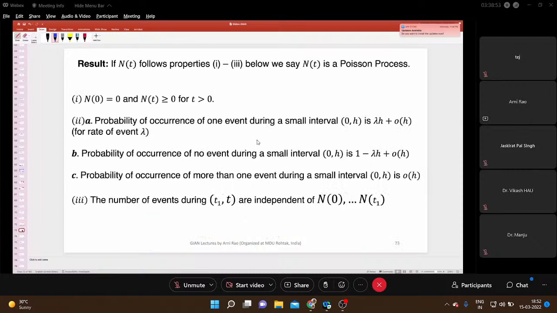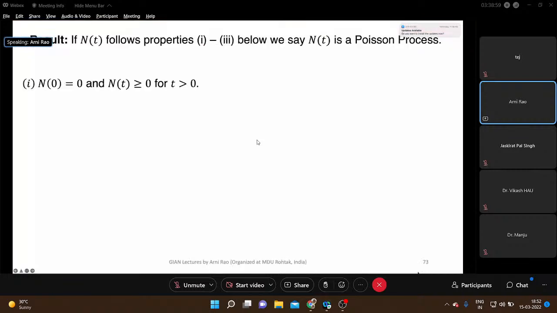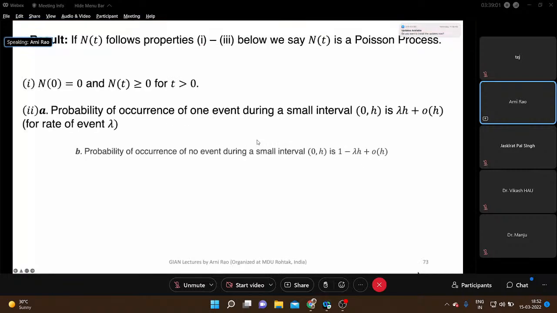Now, small interval. Let us understand the three assumptions, and again I will draw another figure. The probability of occurrence of one event during a small interval we define as lambda times h plus o(h), order of h. So lambda is a small event occurring in a small interval 0 to h.